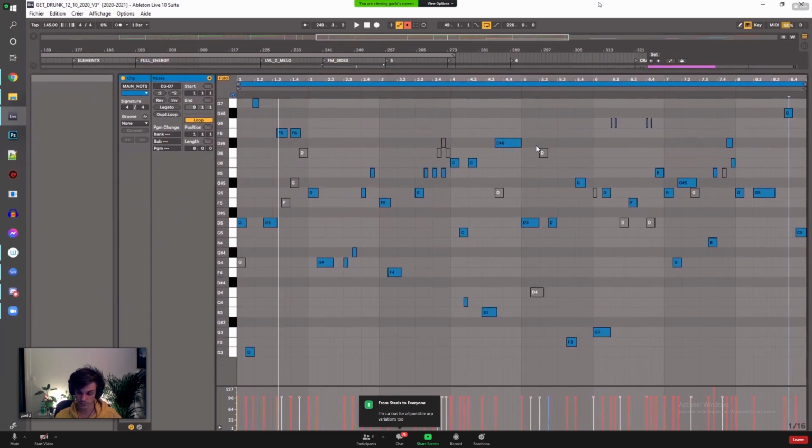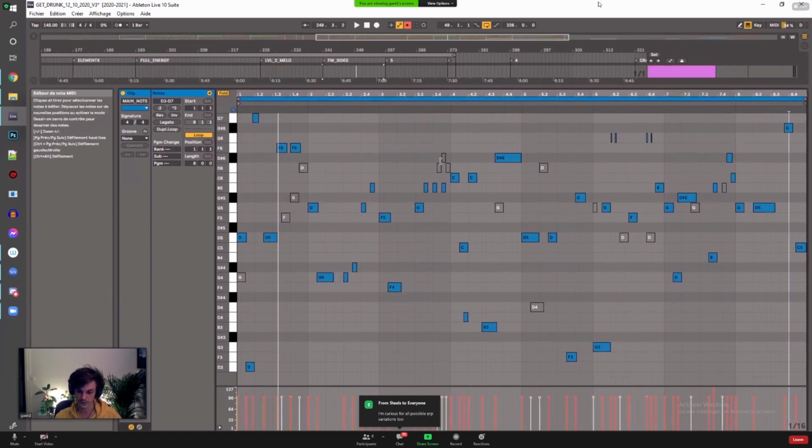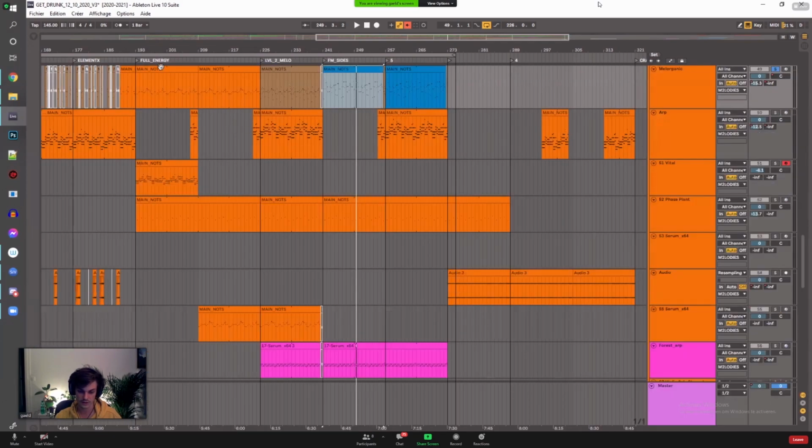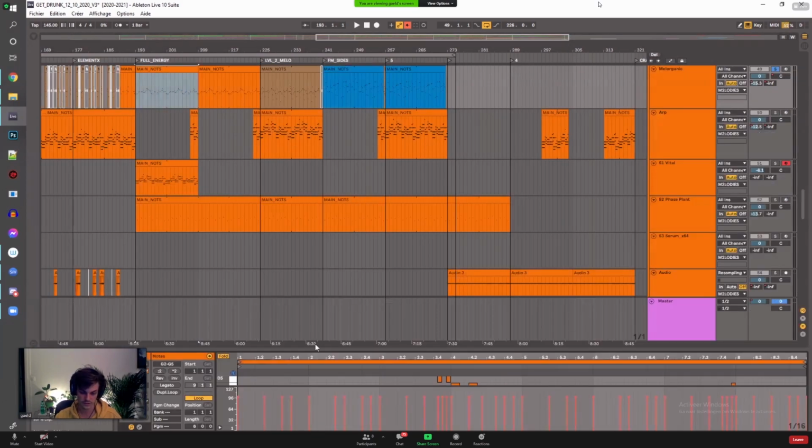But basically, if you look closely, they are all the same notes as my main melody, which is this one.